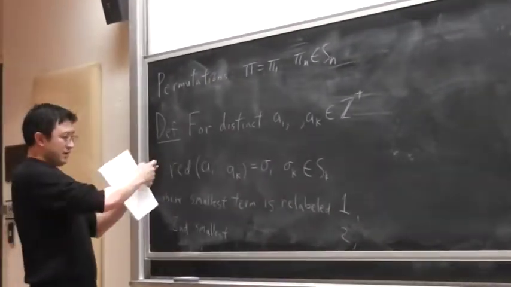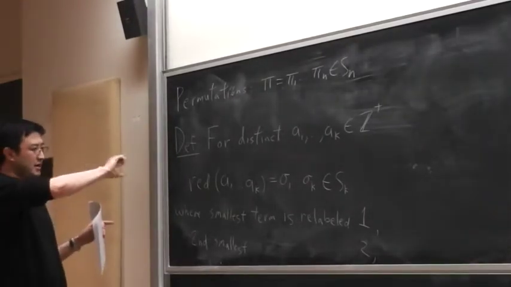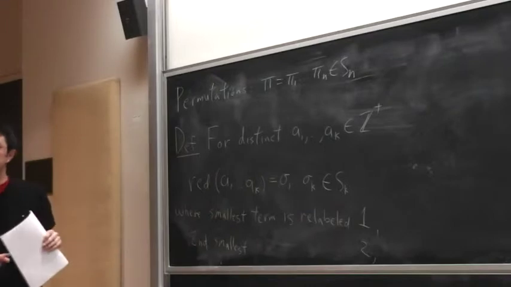So for any k distinct numbers, I can apply this reduction that converts it into a unique permutation.